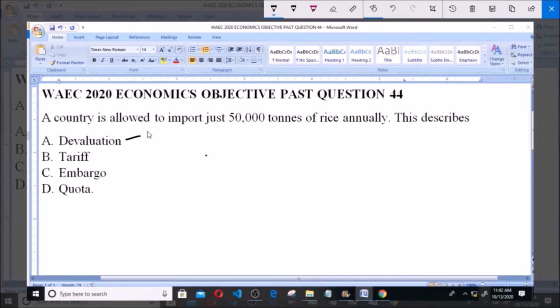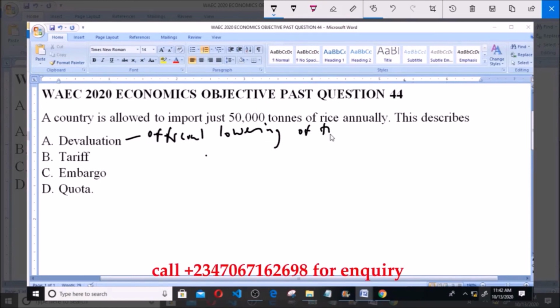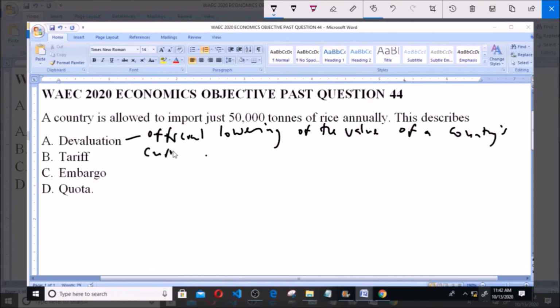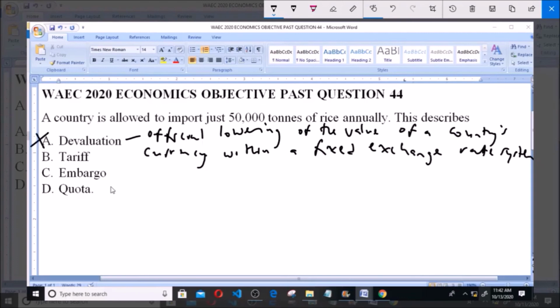Now, devaluation refers to the official lowering of the value of a country's currency within a fixed exchange rate system. So as you can see, it has nothing to do with the scenario painted in the question. So A, devaluation, is not the answer.